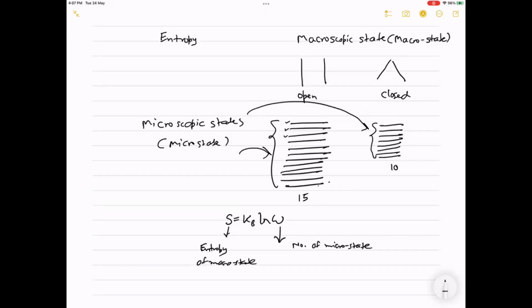So if someone asks me what the entropy of the open macroscopic state is, I will count how many different possible microscopic arrangements or microstates there are, and then apply this formula to calculate the entropy. Now this is called thermodynamic entropy, and this was given by the famous physicist Boltzmann.